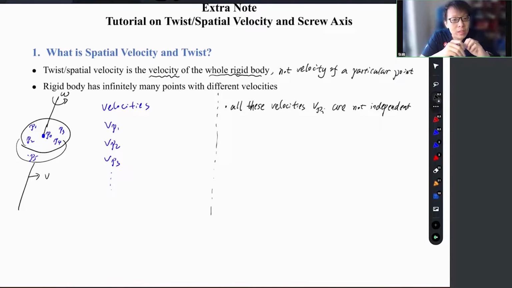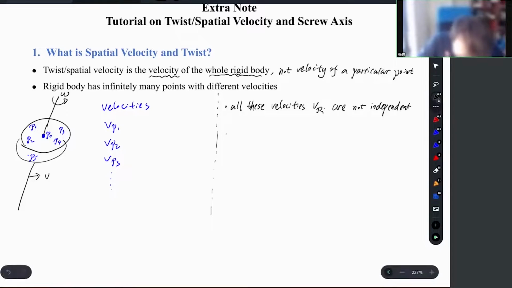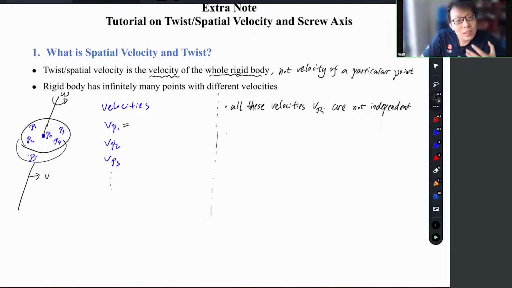There's some kind of relation among these quantities. That should be clear, right? For example, if we know the velocity VP1, we will be able to know certain information about VP2, depending on what the relation is between the location of the point P1 and P2.